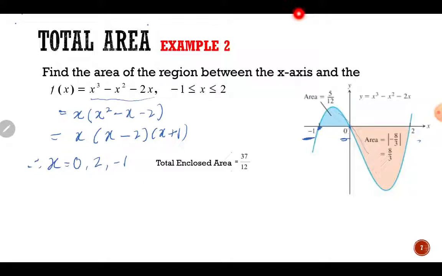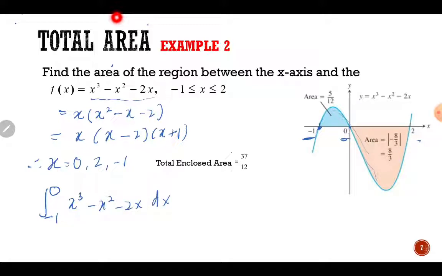So you may sketch the graph. The graph akan dapat bentuk macam ni. So kalau you nak pecahkan the integration, maksudnya kat sini we integrate daripada negatif 1 ke kosong, then straight away you tak consider area tu ada kat atas ke kat bawah, you akan dapat x cube minus x square minus 2x dx.